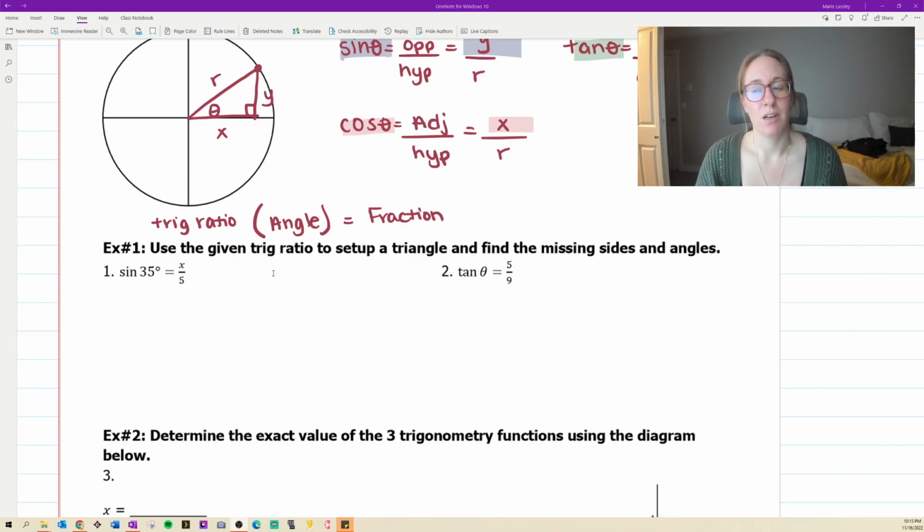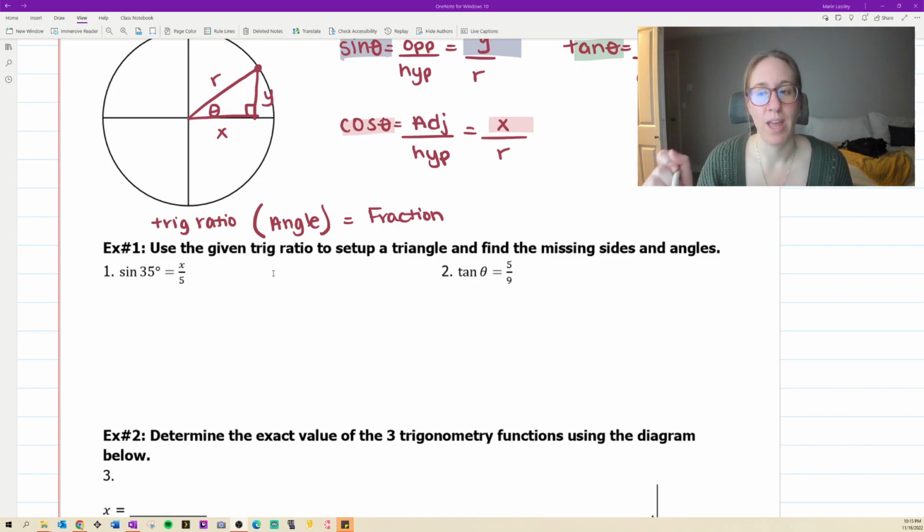It's going to be some fraction using the side lengths, so opposite, adjacent, hypotenuse, whatever. Your fraction is always going to be the ratio of your side lengths. So it's your trig piece, then your angle inside, and it's going to equal that fraction or ratio of the side lengths of your triangle.